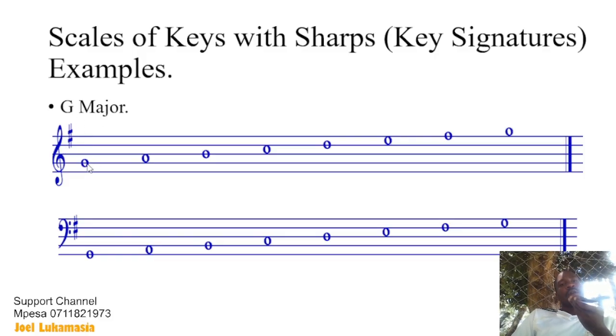Then you have G, A, B, C, D, E, F sharp, G. If you have a sharp on the F here, it means all the Fs on the lines and the spaces in this music have been raised from F to F sharp. These are the scales of G major ascending on the treble and the bass clef.